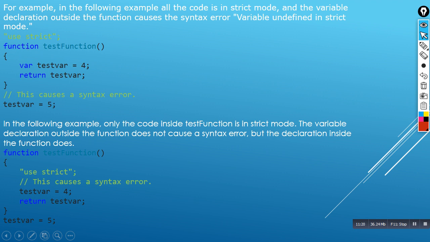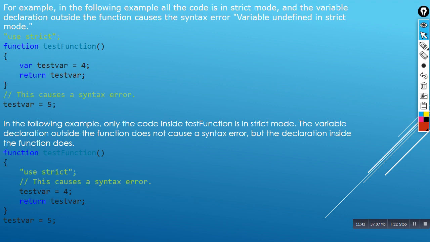So if you write it, it will cause a syntax error, just because you are using the use strict keyword. Because the incorrect syntax is coming inside the use strict scope, it is causing a syntax error.